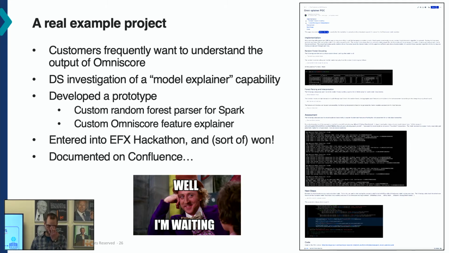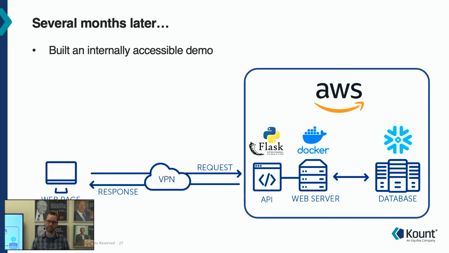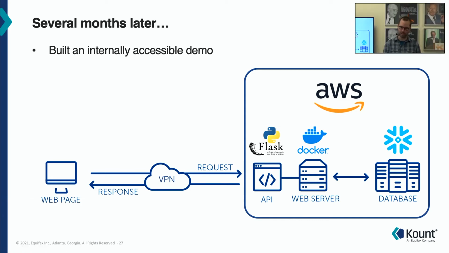So several months later, I'd been working on some other projects that really started to explore these ideas of building the API, building demos, and thanks to the help of Chris and Andrew and others, I now had the ability to just write my own code, write my own APIs, and actually deploy them into AWS.